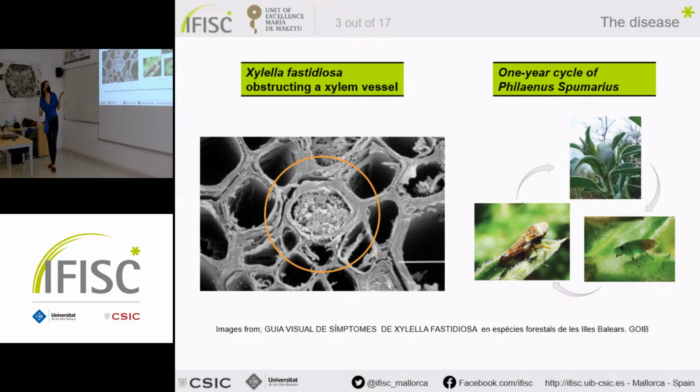So Philaenus spumarius has a 1-year life cycle, and the adult life of it spans from April to at most December, and it is in this time that they can transmit the bacteria. Moreover, Philaenus spumarius has been known to have a great flight performance, so they can move within the field.